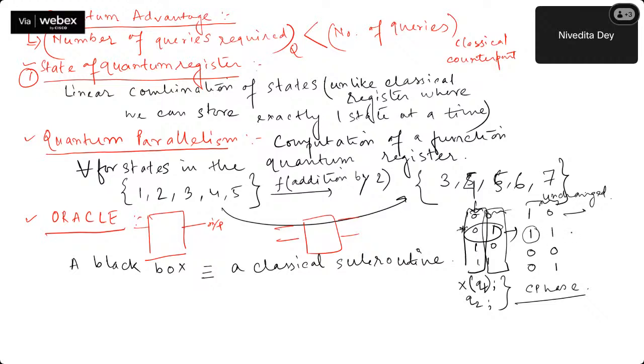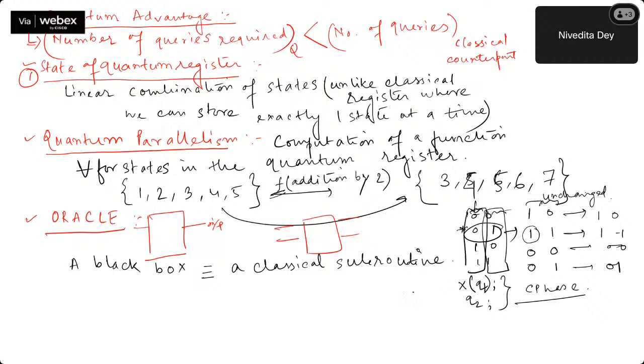So it will now become -1, and all the other values will be 0, because even if control is 1, if target is 0, then no phase inversion happens. I'm not talking about C-NOT, I'm talking about C-phase. Every operation takes place on all the qubits based on our logic. That logic is basically the function, but because of quantum parallelism it has to be applied on all of them. So it's 1, 0, 1, minus 1, then 0, 0, then 0, 1.